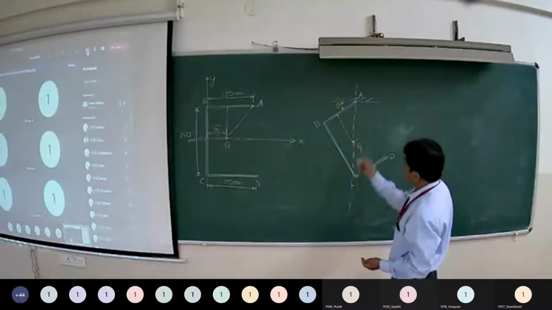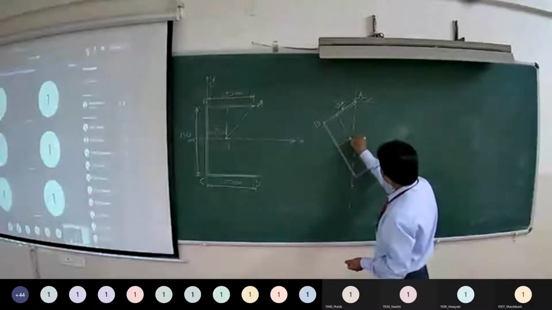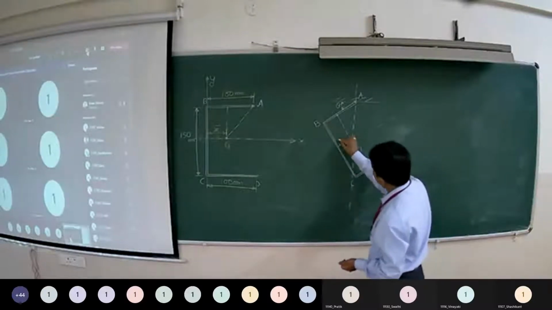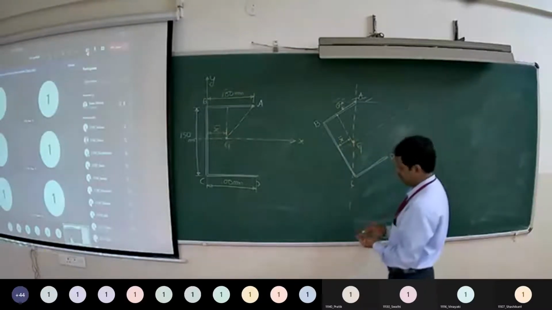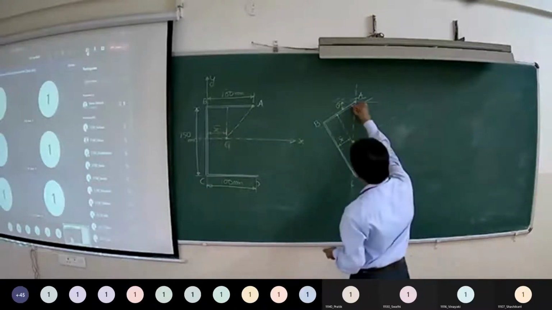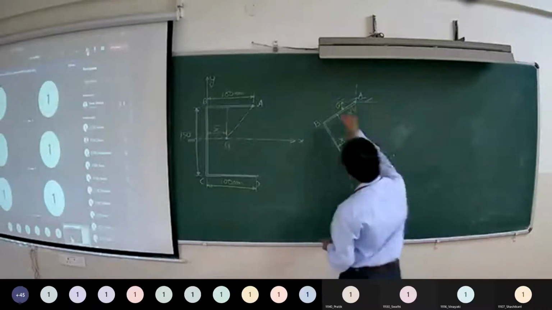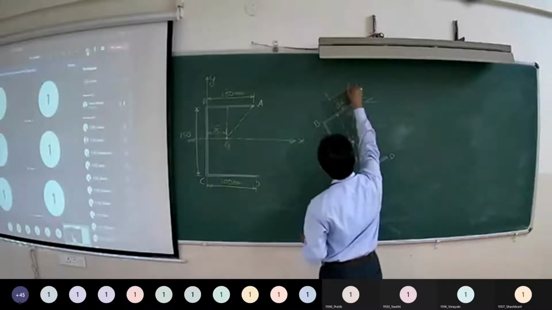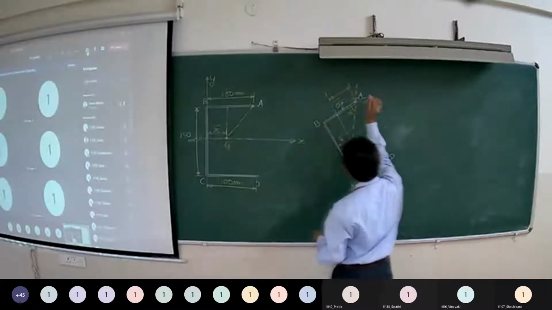So see this figure. We know that this distance of center of gravity from BC is X bar. Let us say this angle is alpha. Then how much is this side? What is the length of this portion?